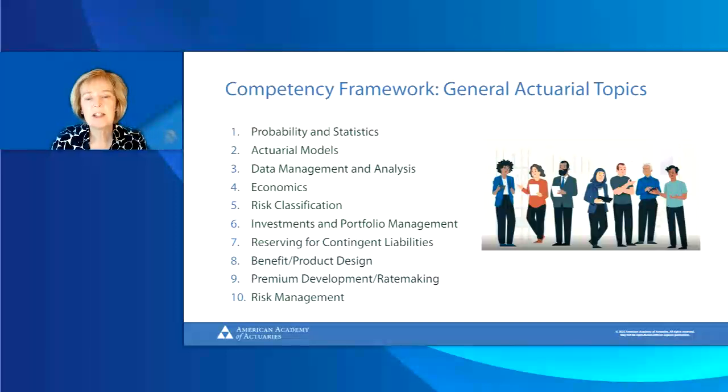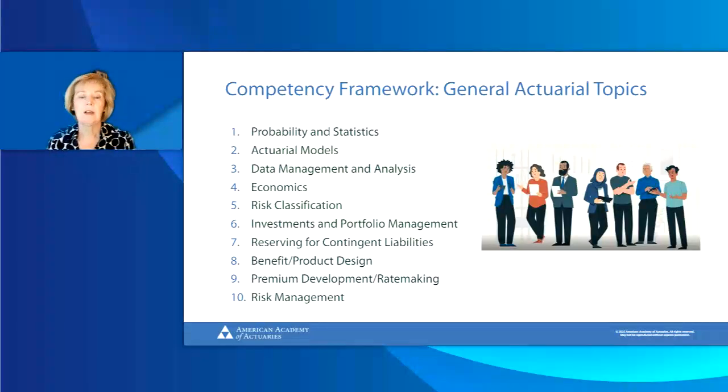So let's look at the various components of the general actuarial topic section of the competency framework. There are 12. Members should have a solid grasp of probability and statistics, along with additional relevant techniques for your specific area of practice. It's also essential, not surprisingly, to understand the primary actuarial models used in your area.